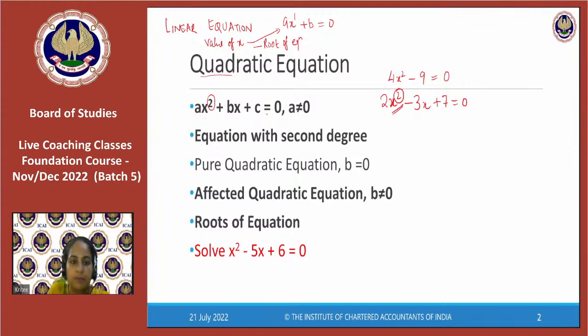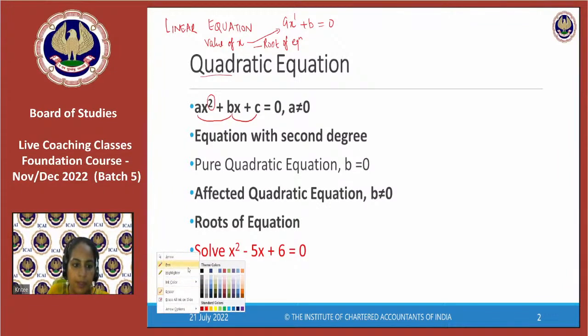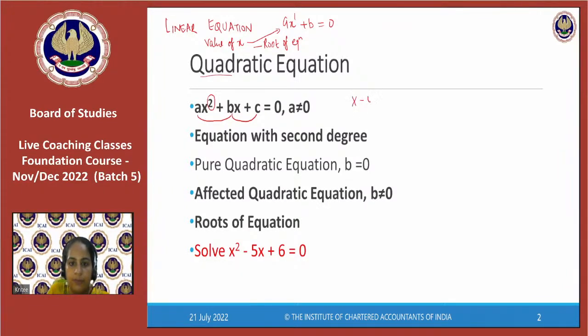This is a typical quadratic equation: ax square plus bx plus c equals 0, where a, b and c are constants. x is the variable.